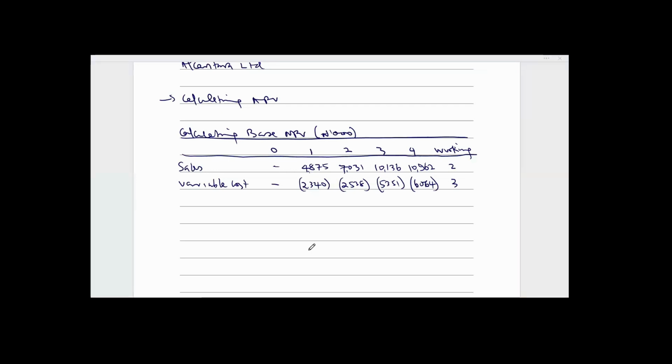Sorry, sir. This year two variable costs, I'm not getting the same thing. So what are you getting? I got 3538. Let me see.